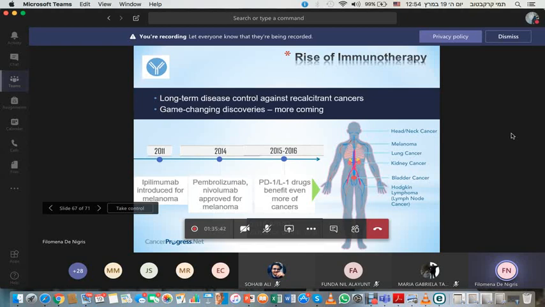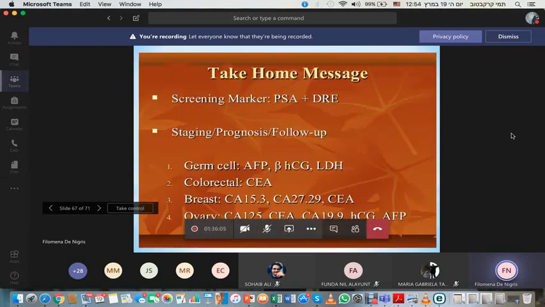Now we have a lot of drugs to better treat using this pathway, or to improve this pathway to obtain the best treatment with the fewest adverse effects. But probably the oncologists will give you more information about this therapy. Which is the take-home message of this lesson?